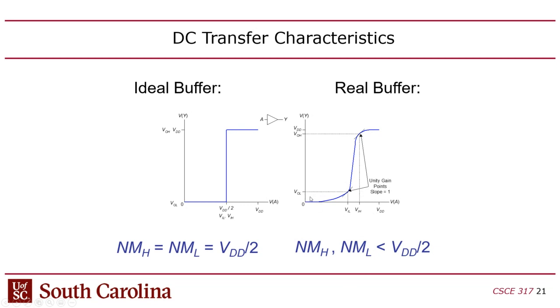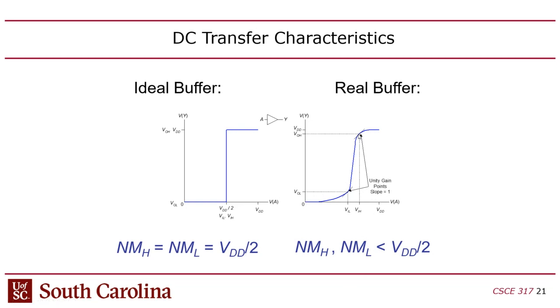Now the output of the gate behaves the same way, where there is a voltage on the output that the user of the gate should consider 0, anything below that to be a 0, and that's VOL. And the same with VIH: anything above it should be considered a 1 on the output.